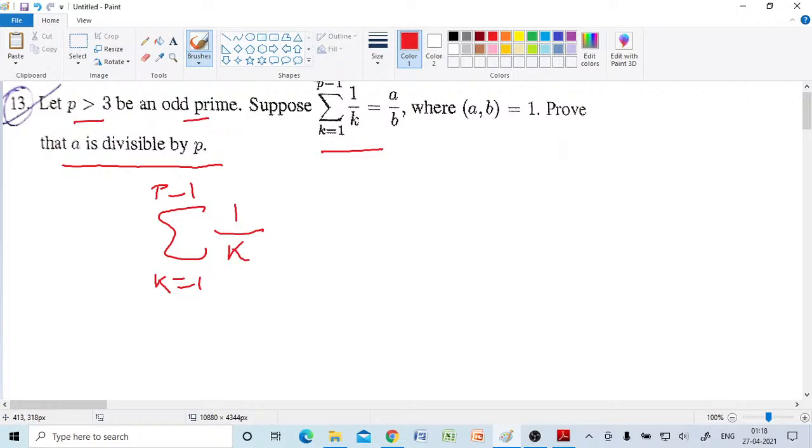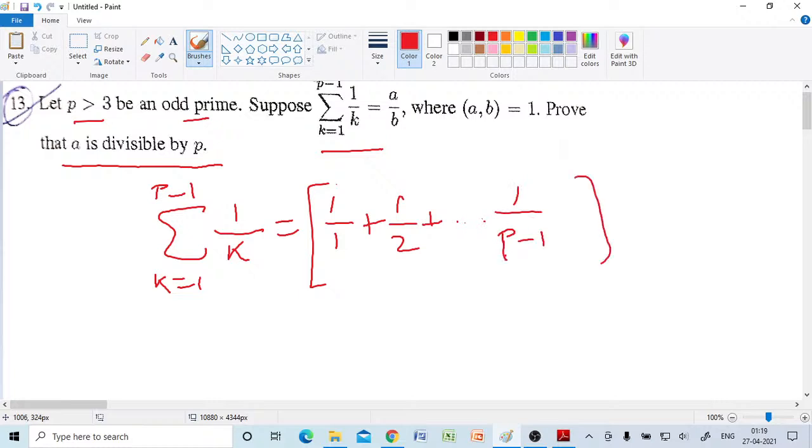Okay, so what is it actually? Note that it's 1 over 1, plus 1 over 2, plus it continues till 1 over p minus 1.